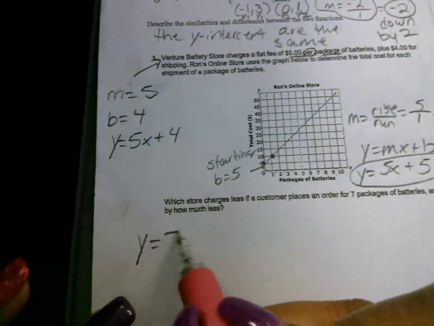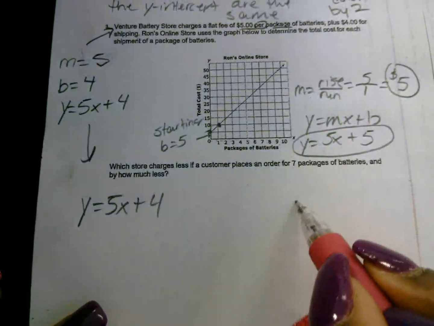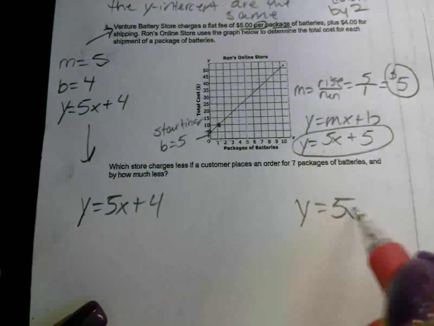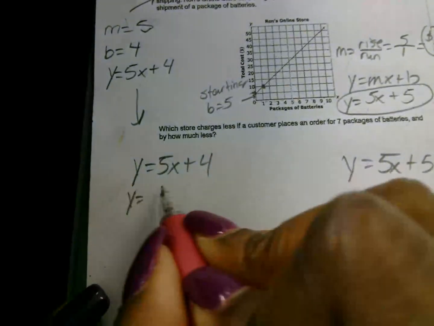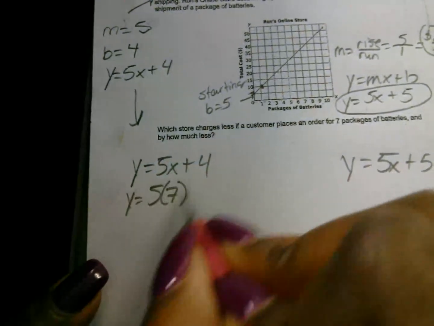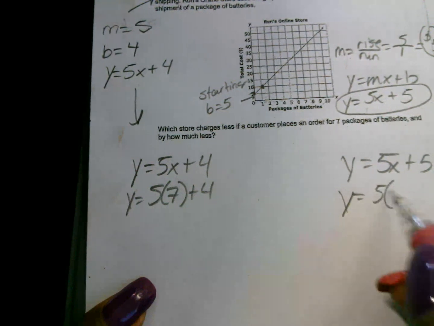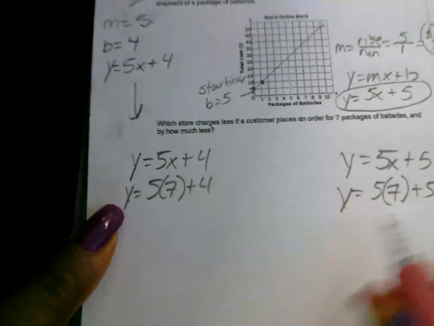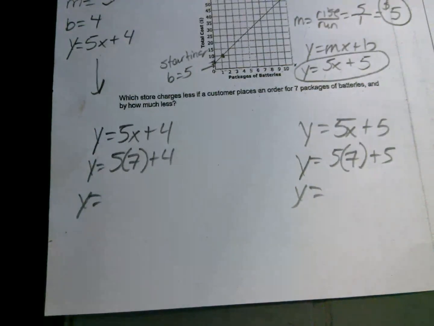This first one, and this is the second one, to see which one is going to be cheaper. When you plug in 7, what do you get for the total here? And which one is cheaper?